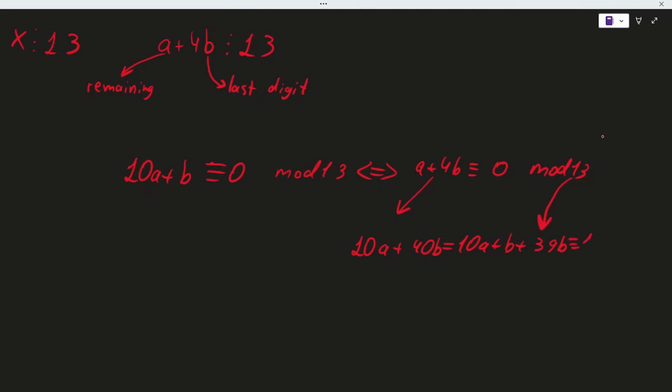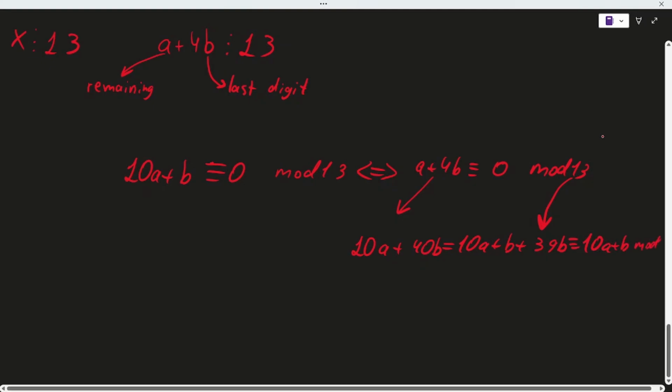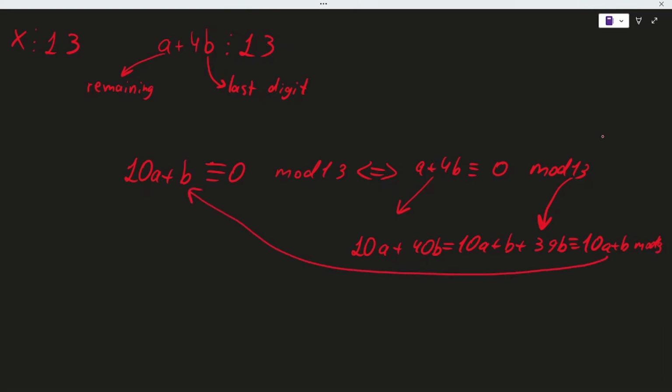So this number is equivalent of 10 times a plus b mod 13, which is exactly our original number. So from here, we can conclude that 10 times a plus b is divisible by 13 if and only if a plus 4b is also a multiple of 13.